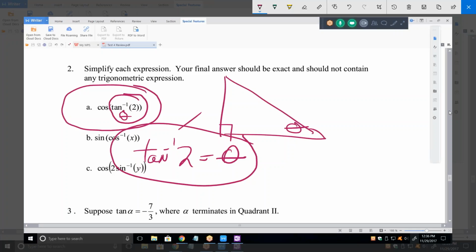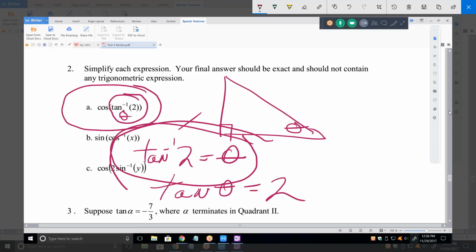If the inverse tangent of 2 equals theta, then what is the tangent of theta equal to? By definition. It's only one number to see on this page. What is it? 2.